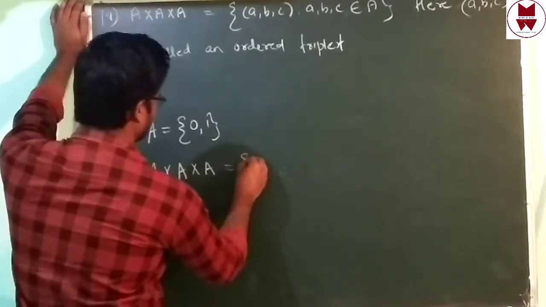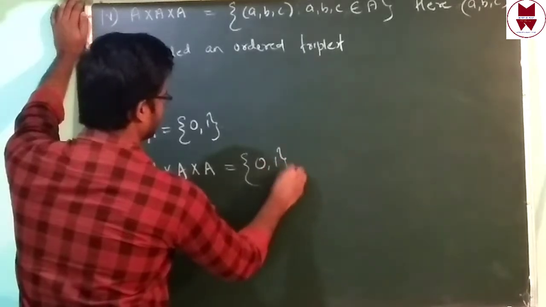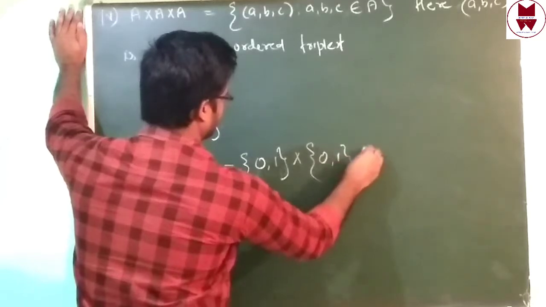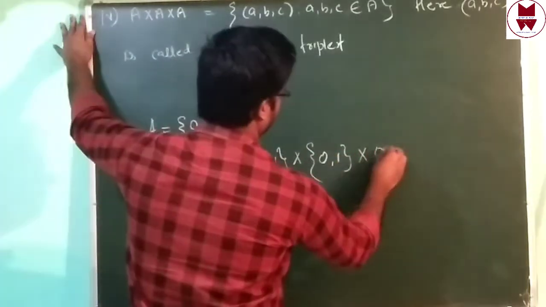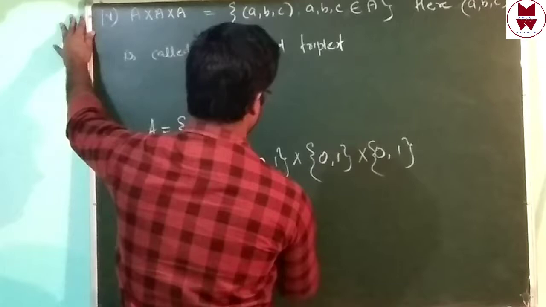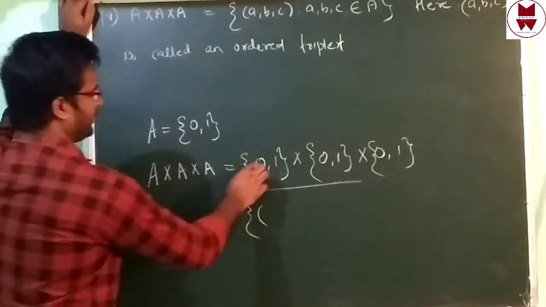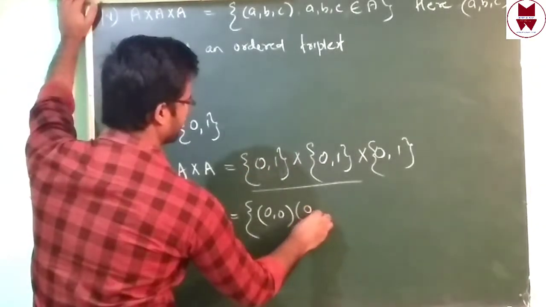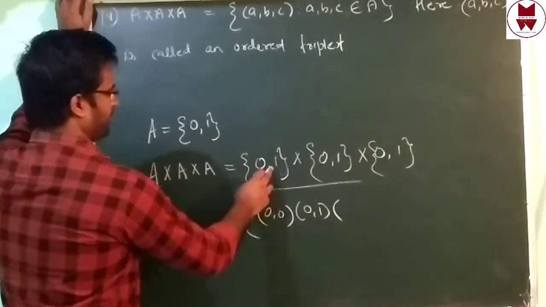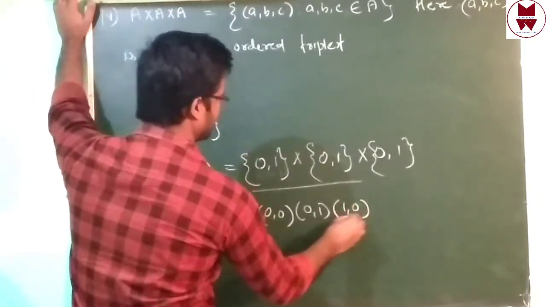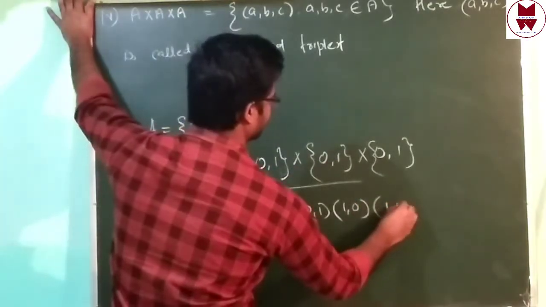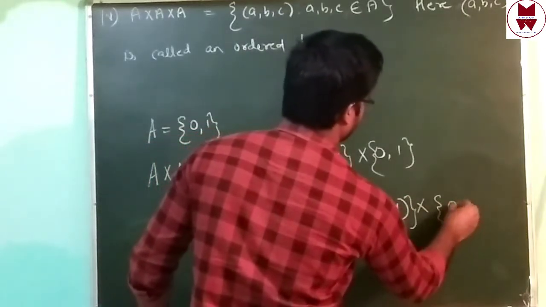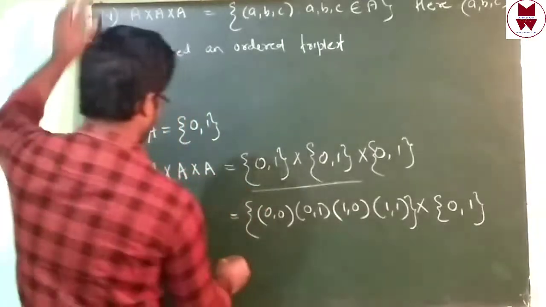How can we make it? First set {0, 1} cross again A, {0, 1} cross again A {0, 1}. First use these 2: (0,0), then (0,1), then (1,0), then (1,1). Cross set {0, 1} equals the set.